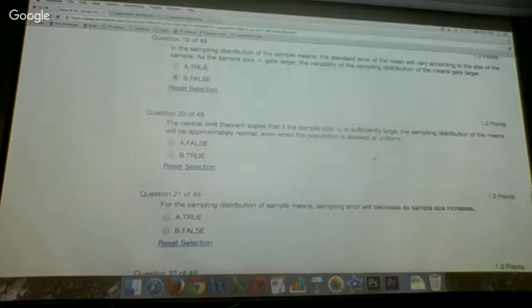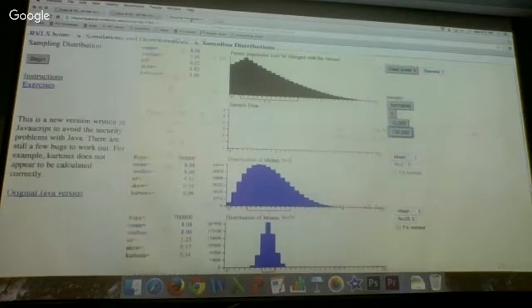The central limit theorem states that if the sample size n is sufficiently large, I like that expression, the sampling distribution of the means will be approximately normal, even when the population is skewed or uniform. Yeah, true, true indeed. I can make this uniform.